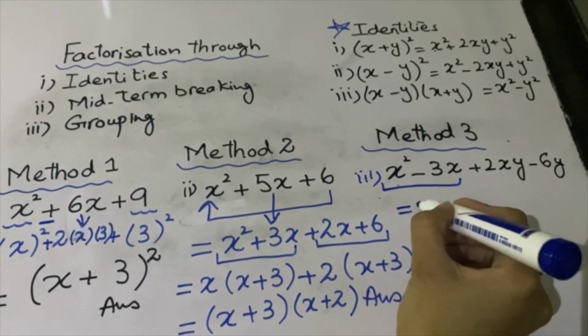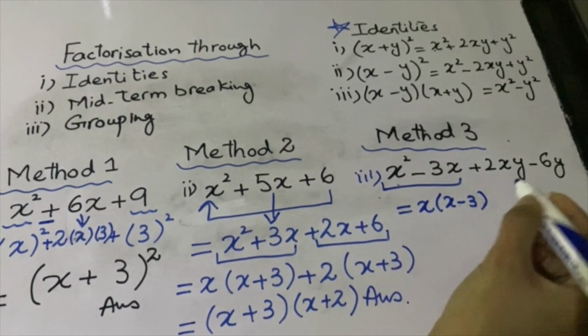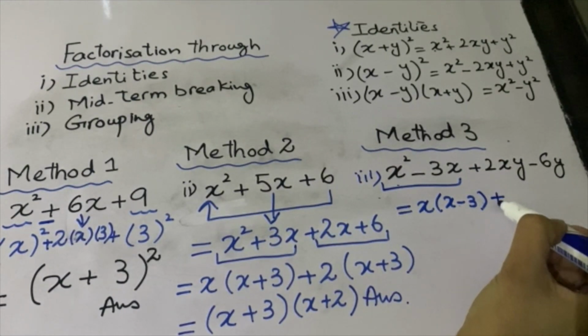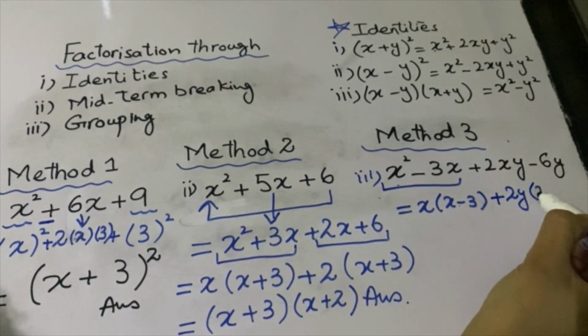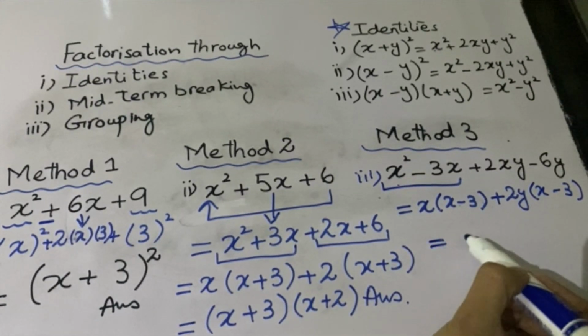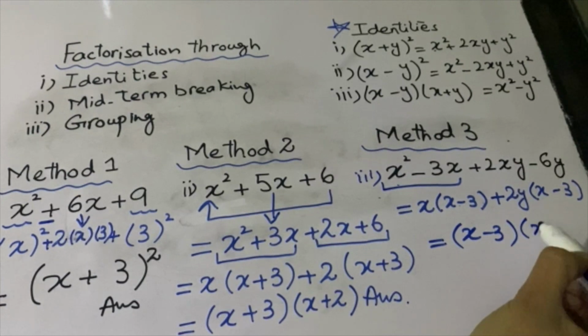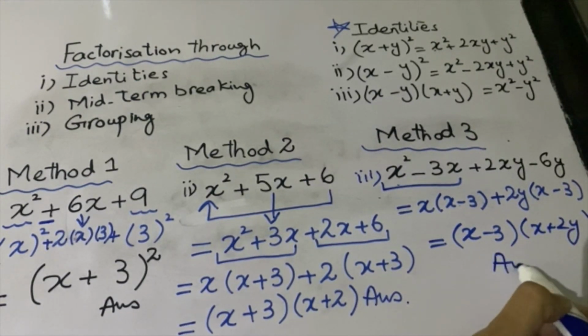So I'm going to write x and then (x minus 3). Here you can see plus 2y. What is common? x minus 3. If you see, the bracket is the same, x minus 3 and x minus 3. Now you can write this as (x minus 3) into (x plus 2y). So this is your factorization.